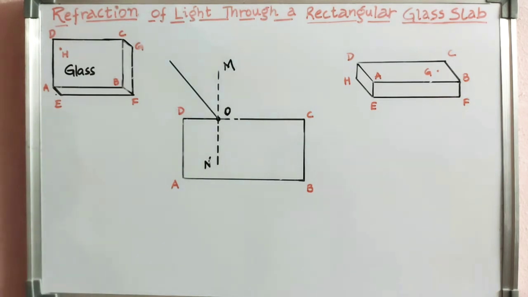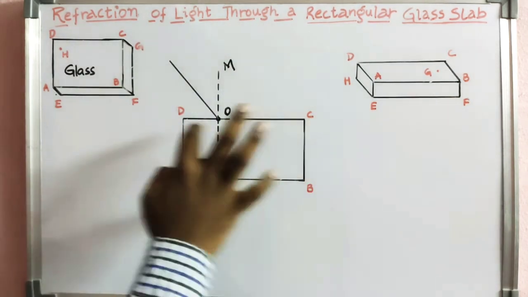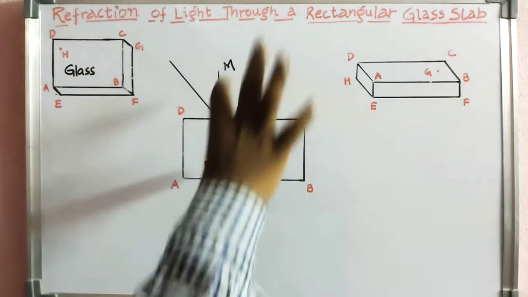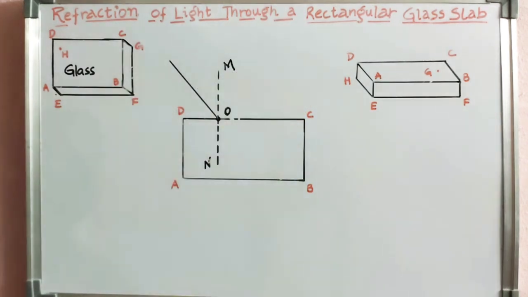And one more important thing: from which line are you going to measure the angles? With respect to CD or with respect to this line MN? Measure the angles with respect to the line MN.